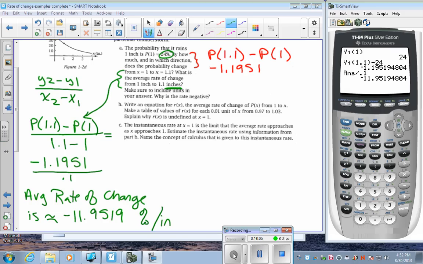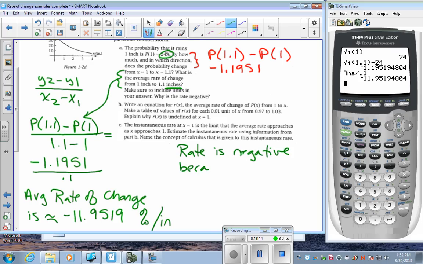So the rate is negative because the probability is decreasing as the number of inches increases.